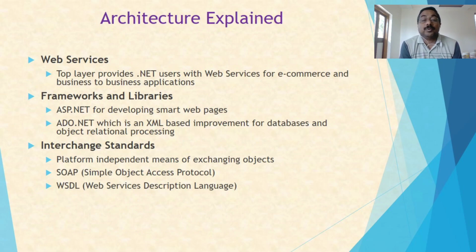What do we know about the architecture, which we have discussed in many points like common type system, common language specification, common language runtime, and also the JIT compiler and MSIL, that is Microsoft Intermediate Language.